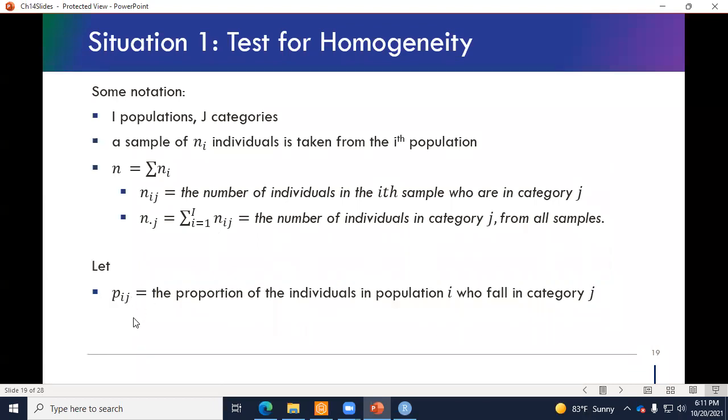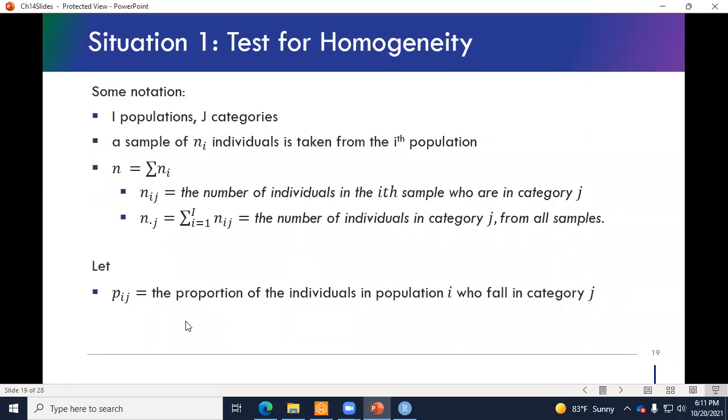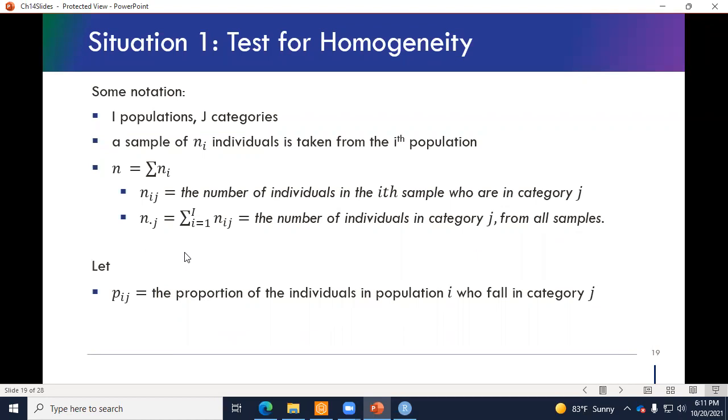Let's define Pij as the proportion of individuals in population i that fall in category j. Basically we need to translate these counts into probabilities, into these P proportions. So now we have the counts and we need to get them into P proportions.